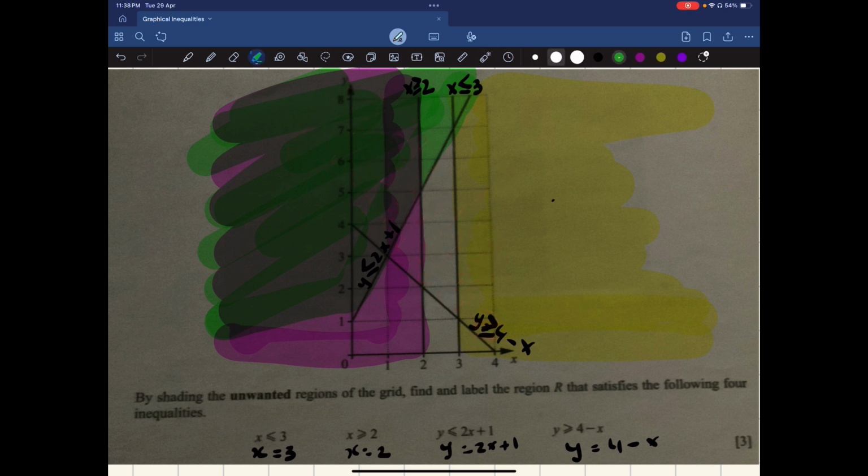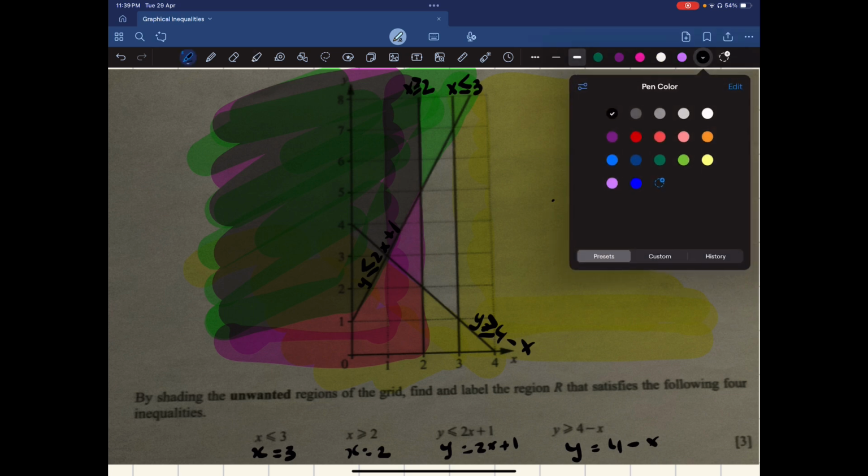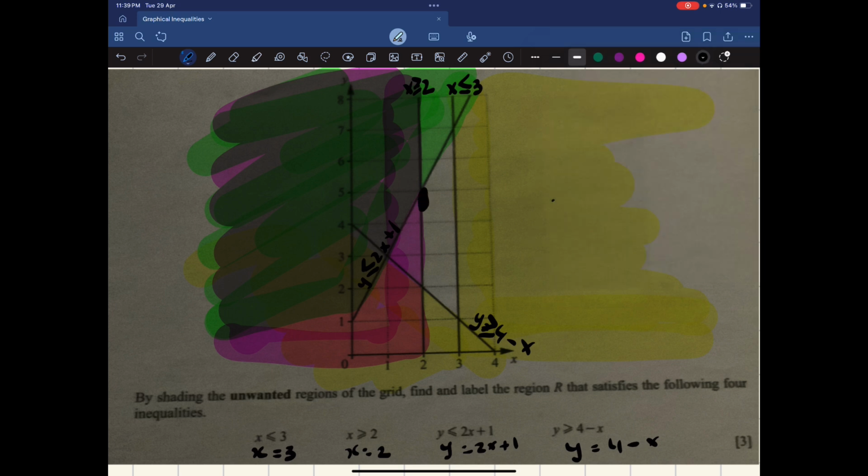So we are going to shade the region below the line completely. Now let's have a look at which region is required. See, this is the required region, the one which is left unshaded.